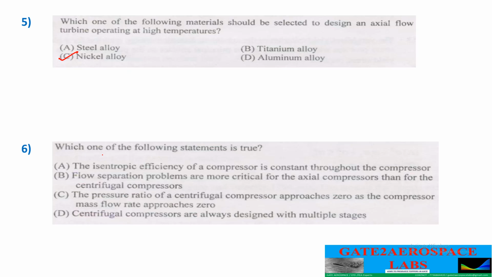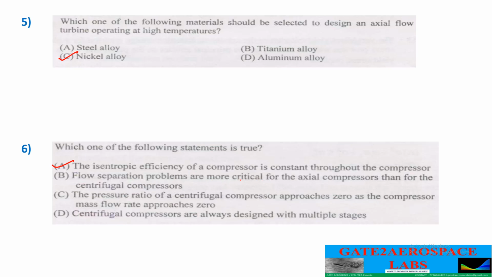The next is, which one of the following statements is true? See, the isentropic efficiency of the compressor is constant throughout the compressor. Yeah, this is correct, because earlier we have seen that the isentropic efficiency is a function of inlet and exit temperature only. Anyway, we will check all the statements.